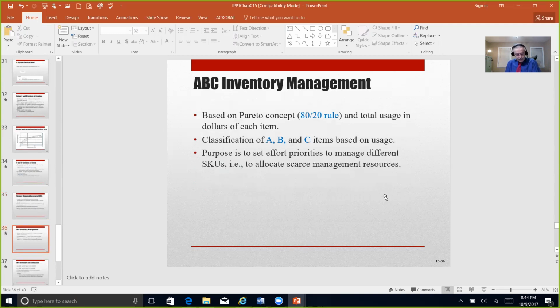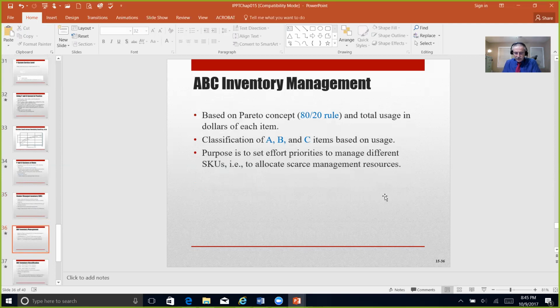So what this is saying is that this 80-20 rule when it comes to inventory is that an organization's inventory typically contains about 20% of the items that tie up 80% of its dollar usage. And we see that at the bottom of page 392, figure 15.4, which gives you an example of that particular inventory, where these 10 items give you a graphical representation of that.